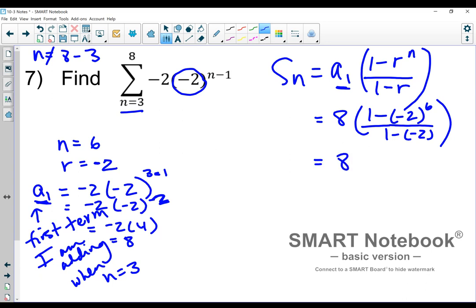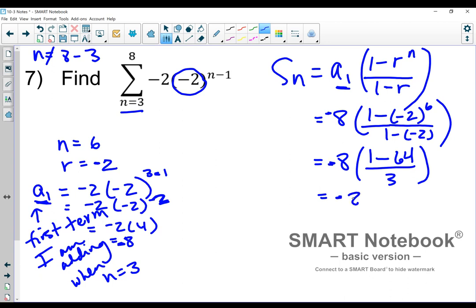So now I have to simplify this. 2 to the 6th power is 64. And because it's an even, it'll just stay a +64. So 1 minus that +64. In my denominator, 1 plus 2 is 3. And now I have, oh, this was a -8. Almost dropped that. So -8, -8.